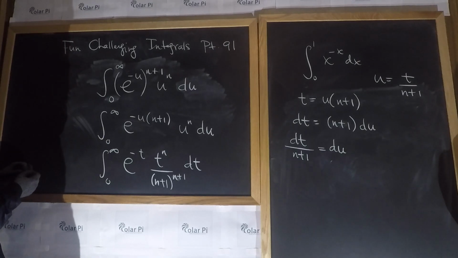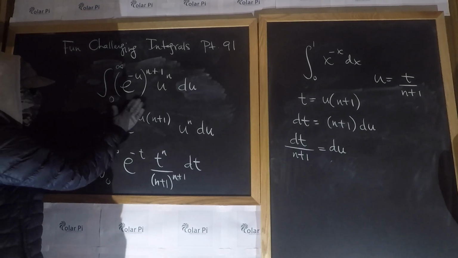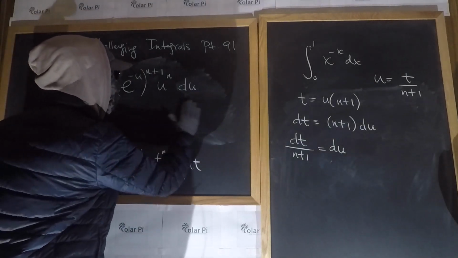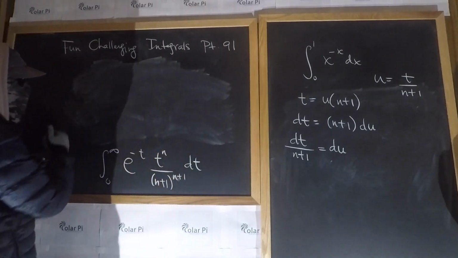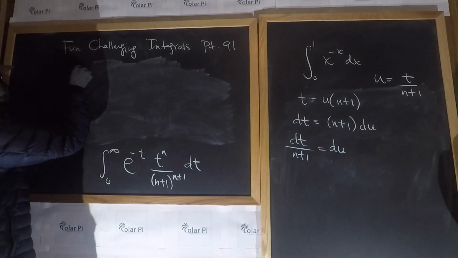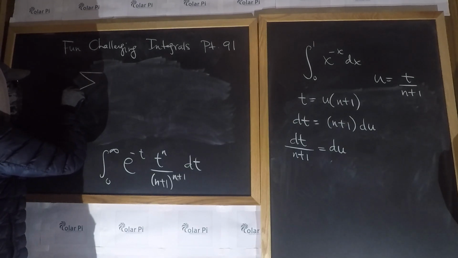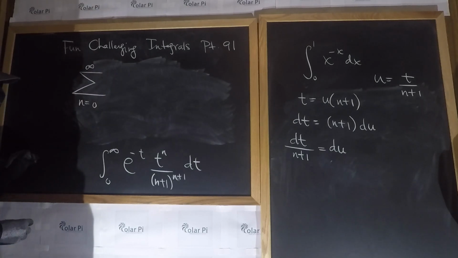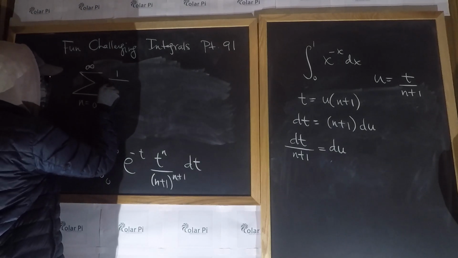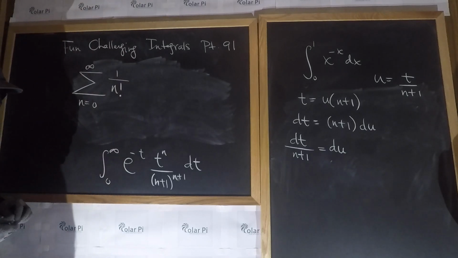And perhaps it is now that we recall we had the sum from n equals 0 to infinity, and then 1 over n factorial, right?